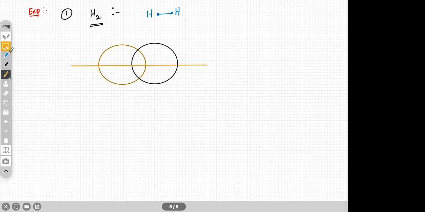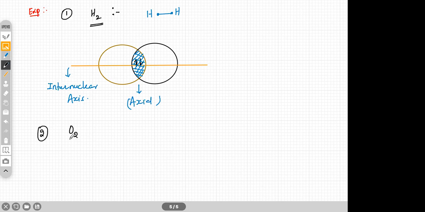Both orbitals contain one electron, and along the internuclear axis, overlapping takes place and it forms a sigma bond like this. So this is the axial overlapping we have. We can easily understand this. Now the second molecule you see, oxygen, O2.